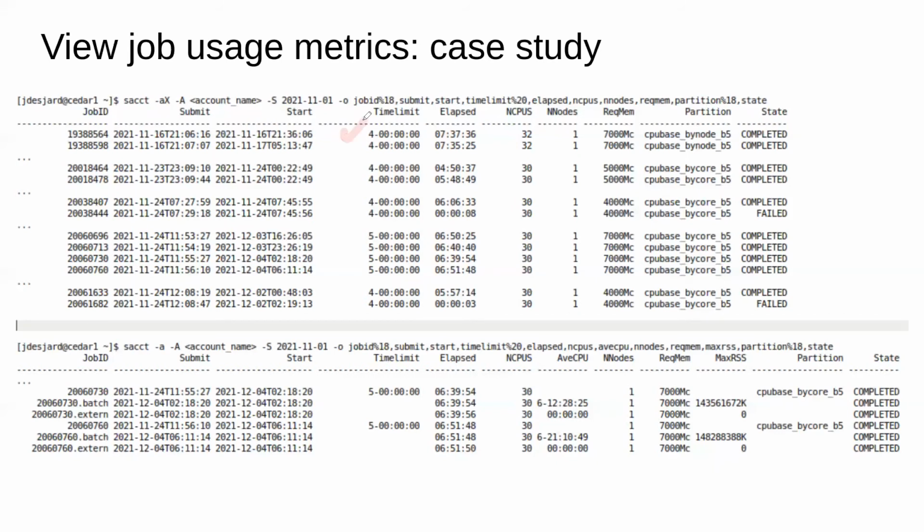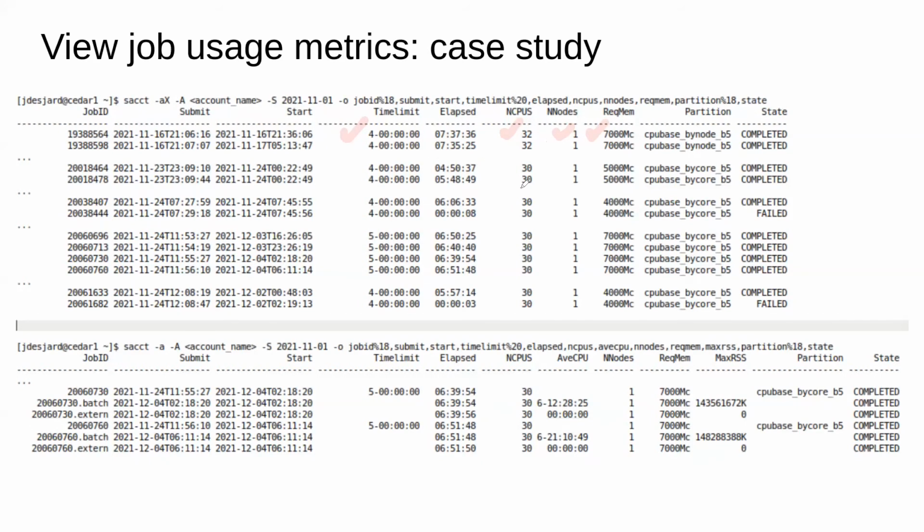So in this case, it was requesting a time limit of 4 days. And it was requesting 32 cores, it was requesting 1 node, and it was requesting 7,000 megs per core. So this is 7 gigs per core, 32, something like somewhere near 250 gigs per node in that case.